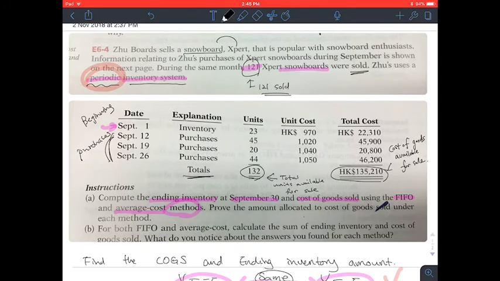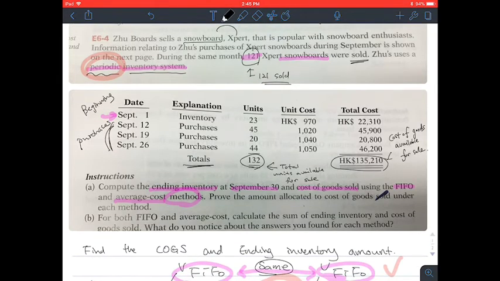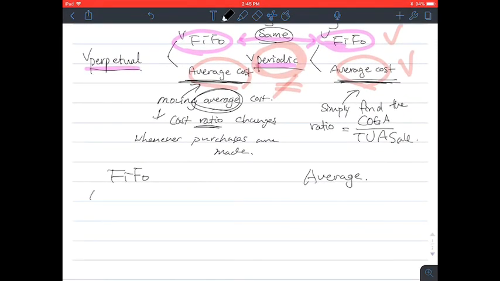So at the month end, 132 minus 121 should equal 11, right? This amount is in the ending inventory units. Okay.